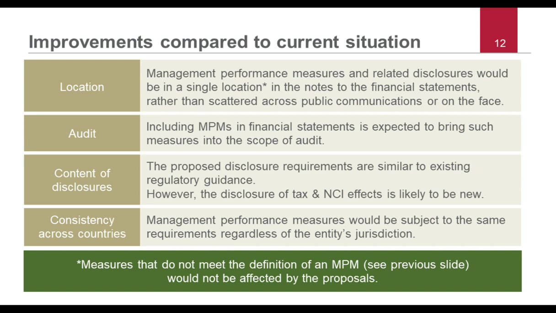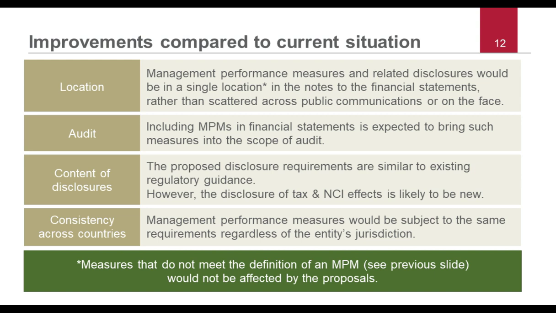Sure. So yes, that's correct. Ratios would not be included in management performance measures, and that's based on the definition of them being the subtotals of income and expenses. As we mentioned in the presentation, the reason that the board focused on that subset of measures was really to be consistent with the scope of the project being mainly the statement of profit and loss or the performance statement.